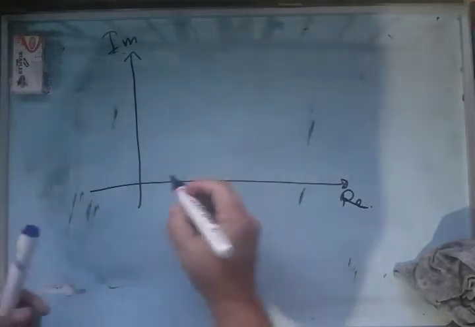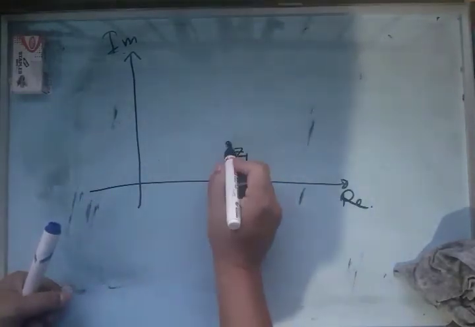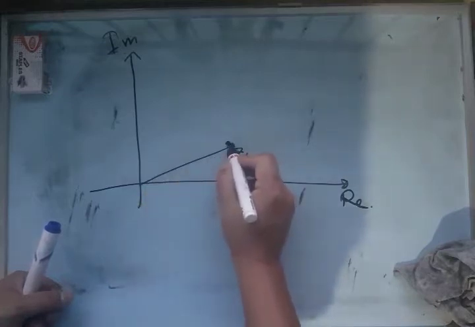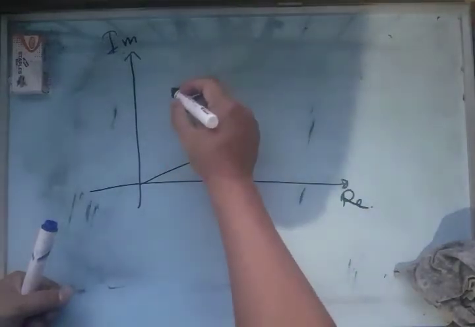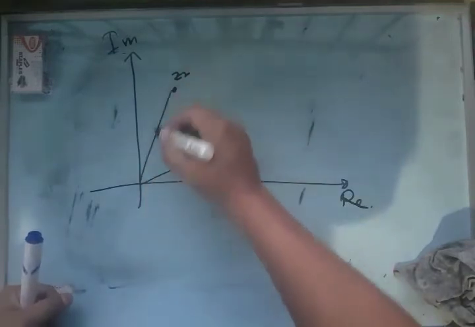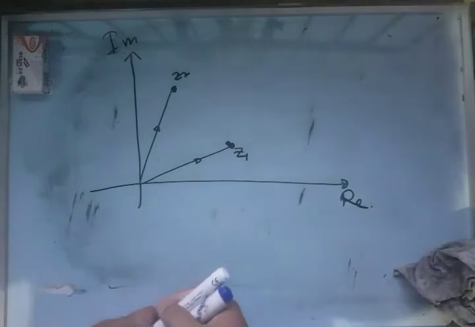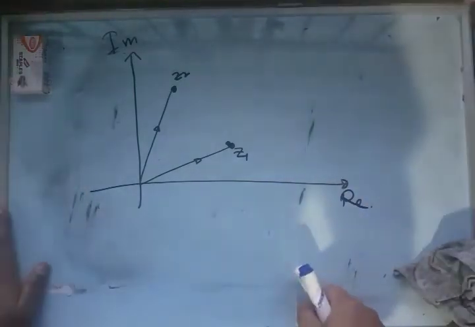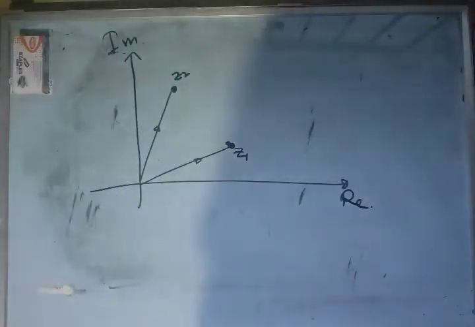So if I were to represent a complex number z1 at a point here, I can draw a vector here, the vector representation, and z2 somewhere here can be represented by another vector. So how do you obtain the addition of complex numbers? When you want to add two complex numbers, you use the law of addition.